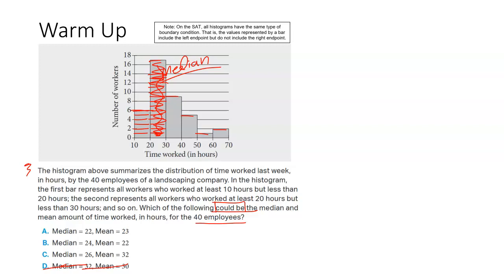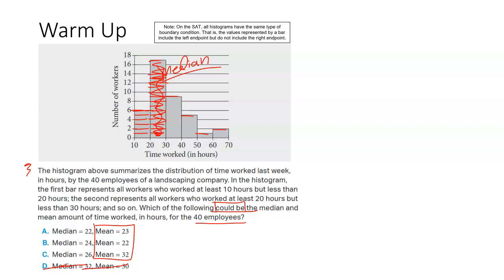Now, I still have 3 options, and I have to look at the mean to pick what my answer is going to be, either A, B, or C. Again, I can't calculate the mean. I don't have enough information. So I have to think about what effect the data set is going to have on my mean. I have a median value somewhere in the 20s, but I still have a lot of data over on the right.